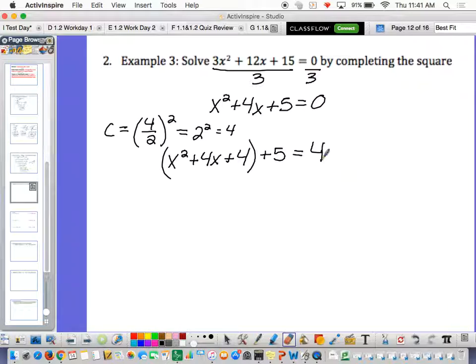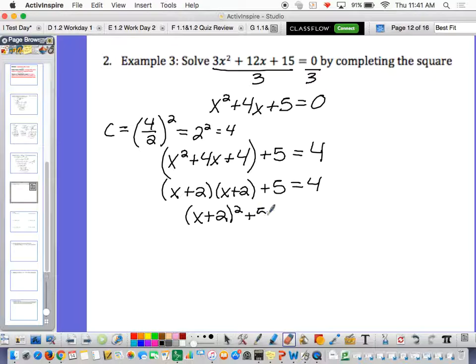Then what we need to do is write this as x plus 2 times x plus 2. We still got the plus 5 equals 4. This is written as x plus 2 squared plus 5 equals 4.